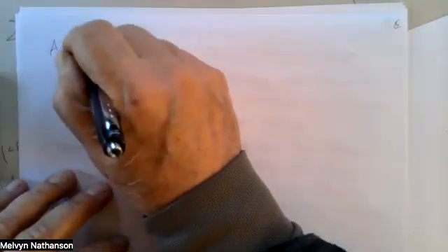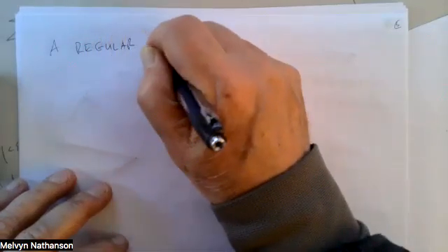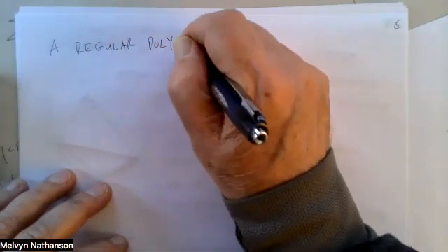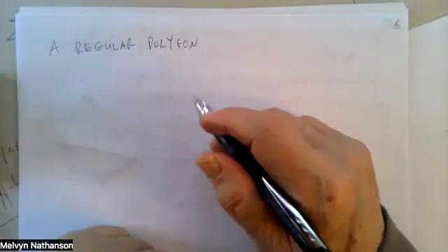There's some more geometry that's worth mentioning and mentioned in the text. So what is called a regular polygon. A polygon is a figure whose sides are straight lines.